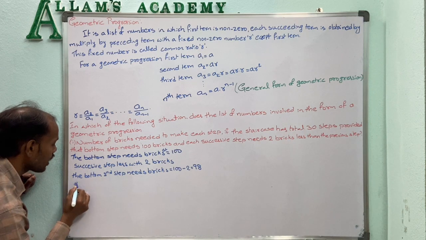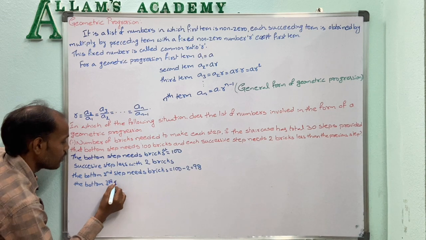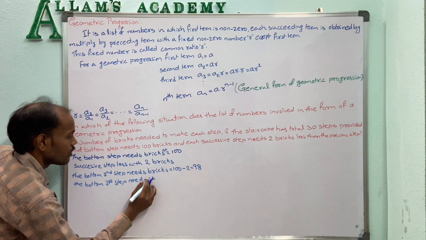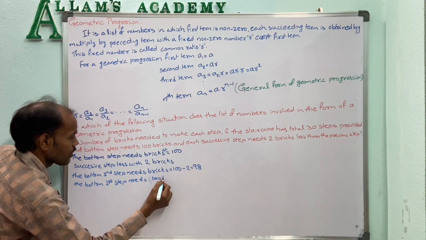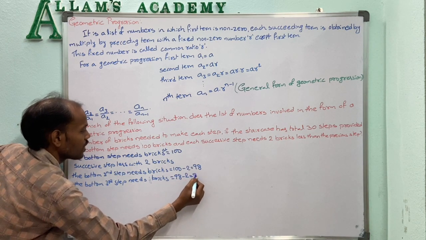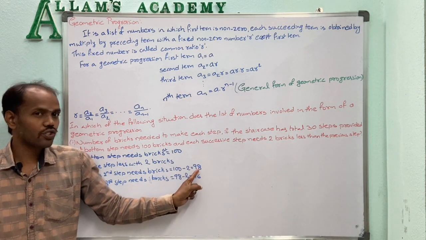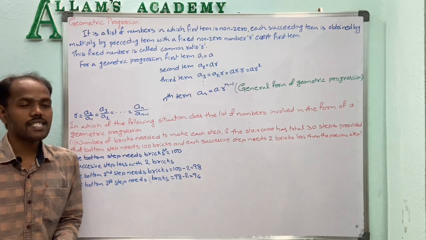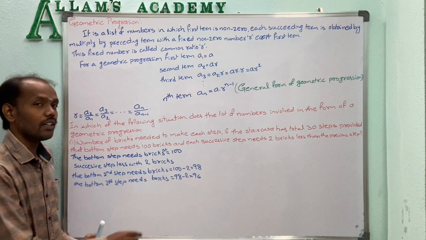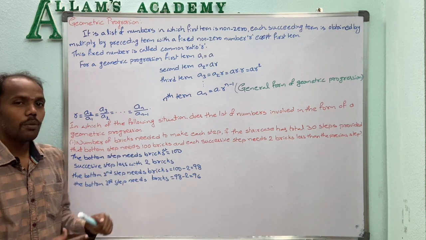Now the third step needs bricks equal to 98 minus 2, that is 96. Now observing this information, 100 minus 2 is 98, 98 minus 2 is 96. So here we observe the common difference is the same, that means it forms an arithmetic progression, not a geometric progression.